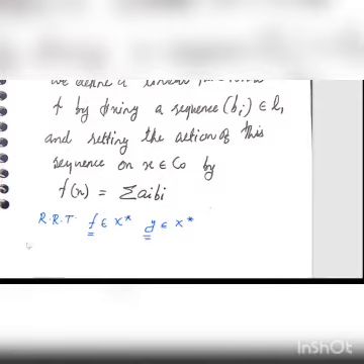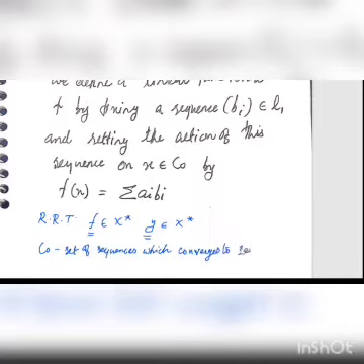Now here what I have taken is I'm considering C naught, the set of all sequences which converge to 0.